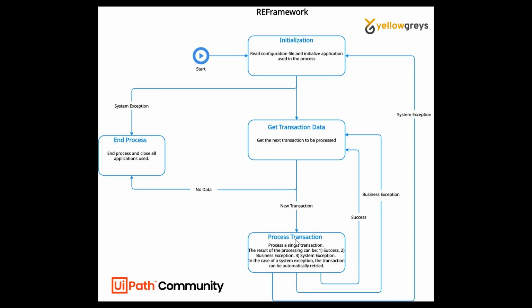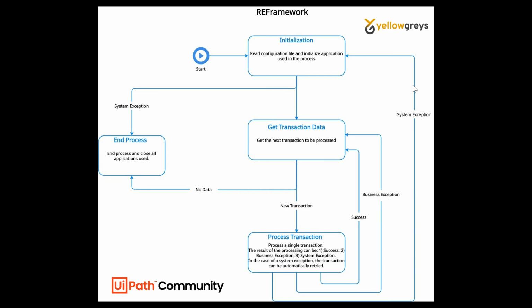If it picks another transaction, and there is any system exception, we already discussed what a system exception is. For example, a browser crash, or not responding messages from the browser, or an unknown application appearing on the screen, those kinds of unknown exceptions are also considered system exceptions.